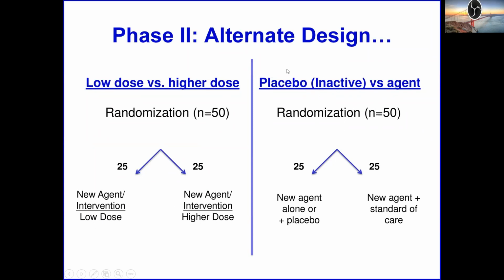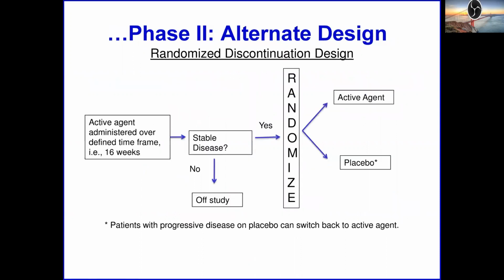In this second scenario, on the background of existing treatment, the newer agent will be added to one group of patients, and to the other group of patients, the placebo will be given. Then they will be evaluating them for the efficacy or toxicity.